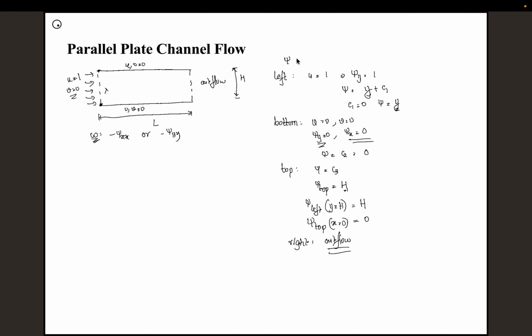So let's say if I were to do it along the inlet, it will be minus psi xx. So I have to take this point, psi 1j. Sorry, I'm expanding along x. So this will be psi x.